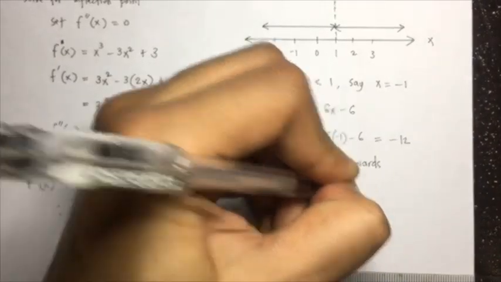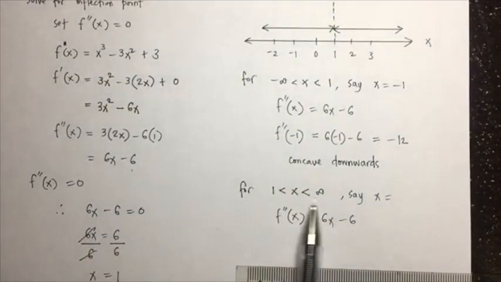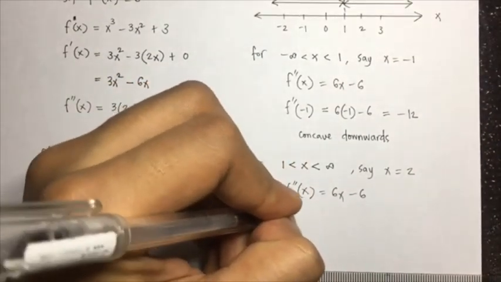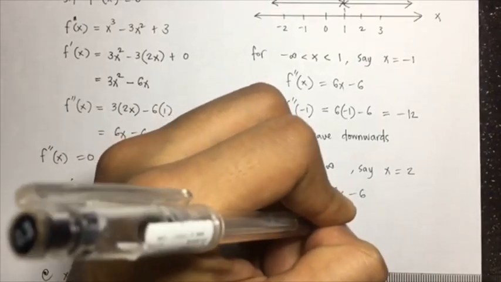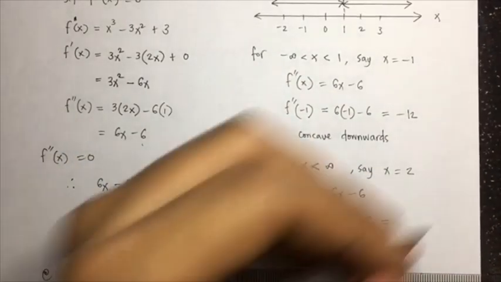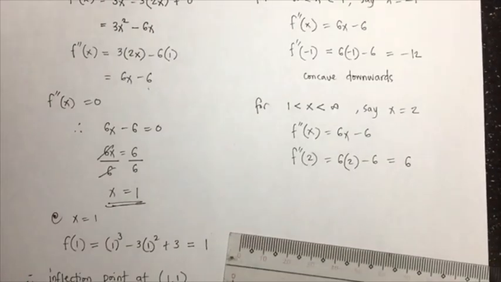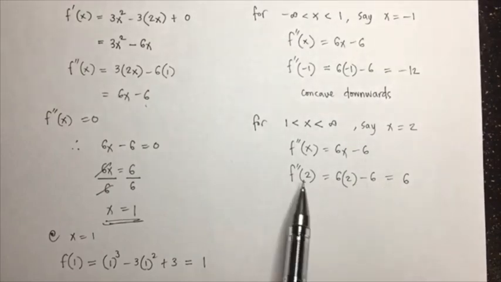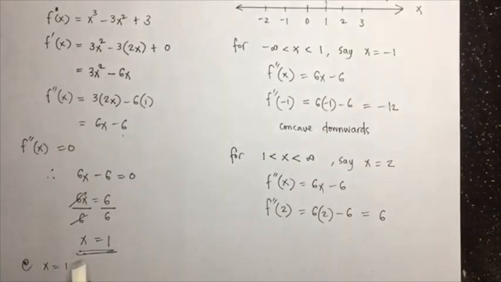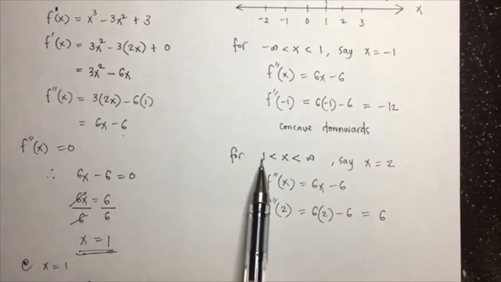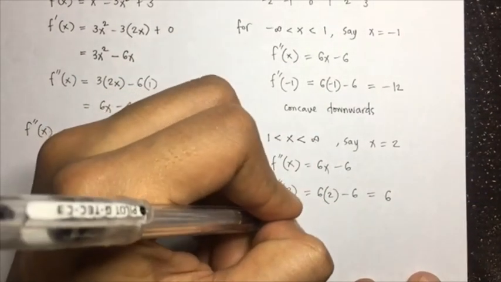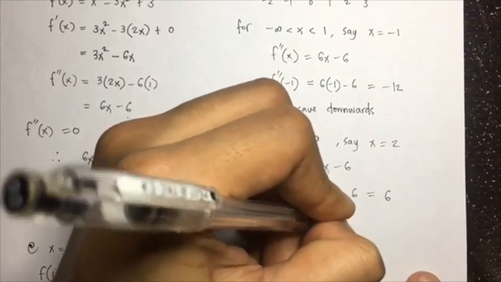Say x is equal to 2. So f double prime of 2 is equal to 6 times 2 minus 6, that is positive 6. Since the second derivative is positive in this interval, therefore from 1 to infinity, the curve is concave upwards.